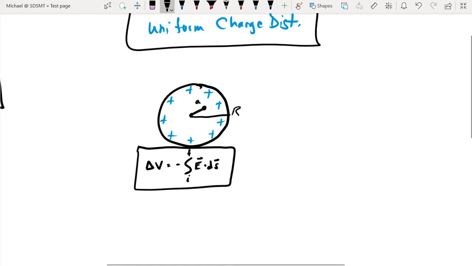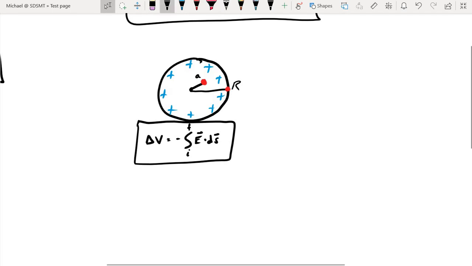One of those points is going to be that point at radius A. The other point that I want to use is a point where I already know the potential value in the system. And the closest point for that is at the surface of the sphere, because we already know that if we're at the surface of the sphere it will act like a point charge.